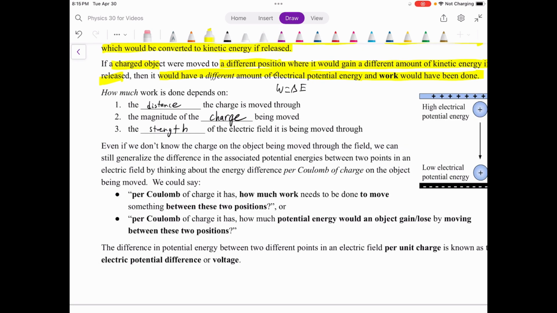So, summarizing that idea here. Even if we don't know the charge on the object, or even if there's not actually a real object at all that's being moved through the field, we can still generalize the difference in the associated potential energies between two points. Again, this is fundamentally a comparison between two points. What's the difference in potential energy in an electric field by thinking about the energy difference per coulomb of charge on the object being moved?